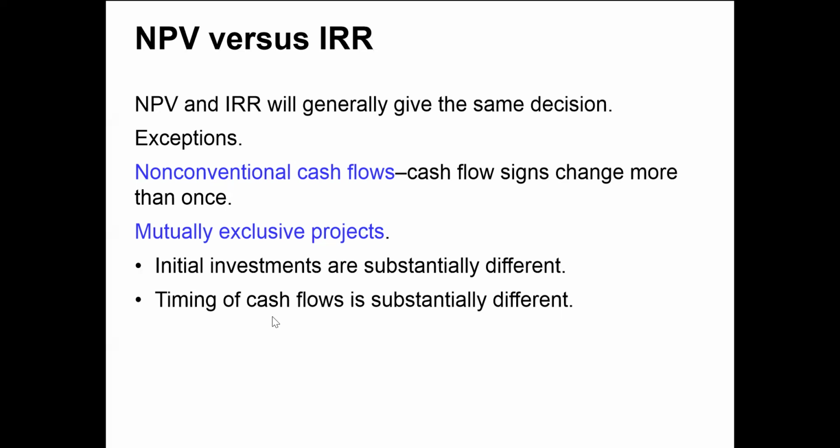So the timing of cash flows is important, okay? If the timing of cash flows is substantially different, or the initial investment is substantially different, there could be a mistake for you if you use the IRR instead of NPV. If you use the NPV, you can avoid these problems.